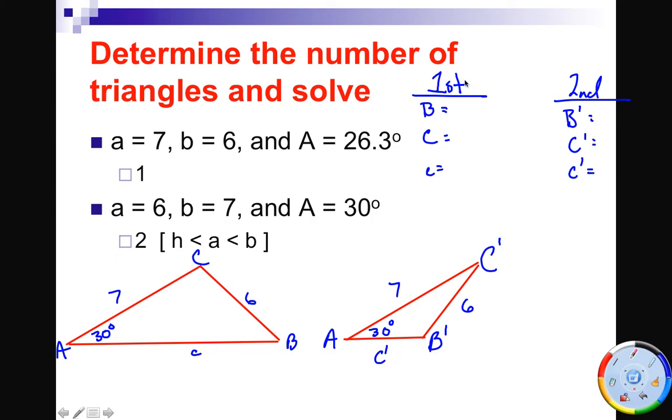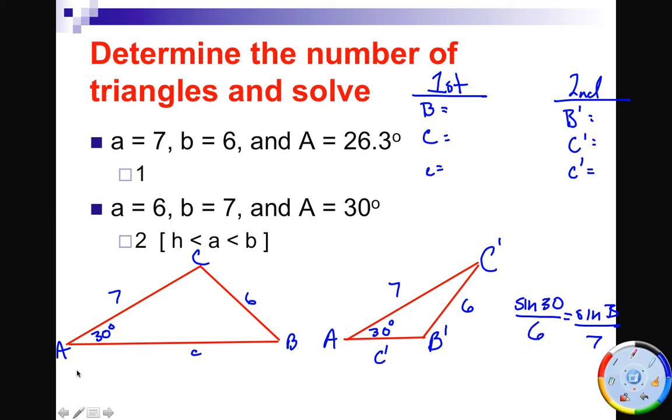For the first triangle, just use the law of sines as normal. So I'm going to go ahead and do that for this particular problem. For this first triangle, I have sine of 30 over 6 is equal to sine of big B over 7. I drew that wrongly there.